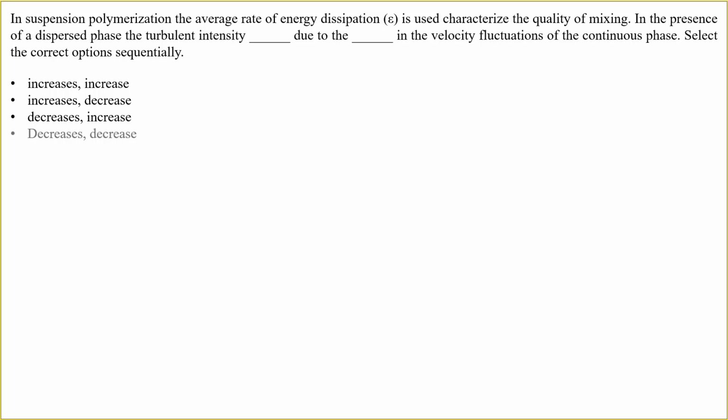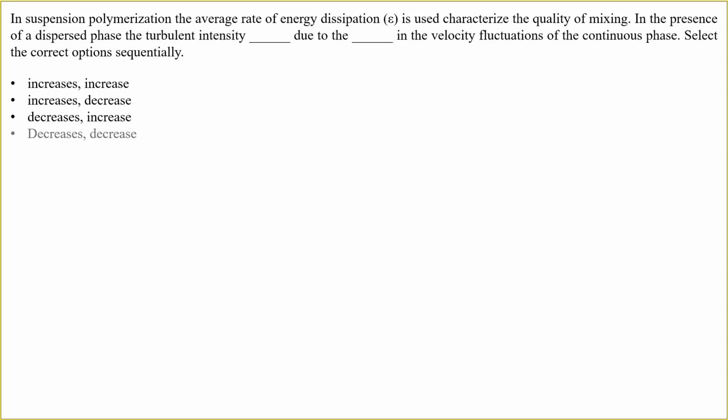during the turbulent intensity decreases. In the dispersed phase, turbulent intensity decreases due to the decrease in velocity fluctuation of continuous phase. So there are the dispersed phase and the continuous phase.